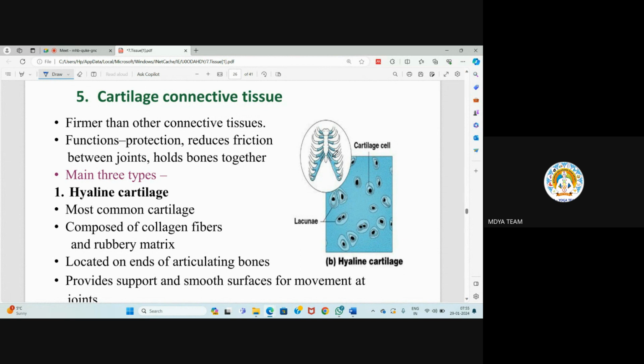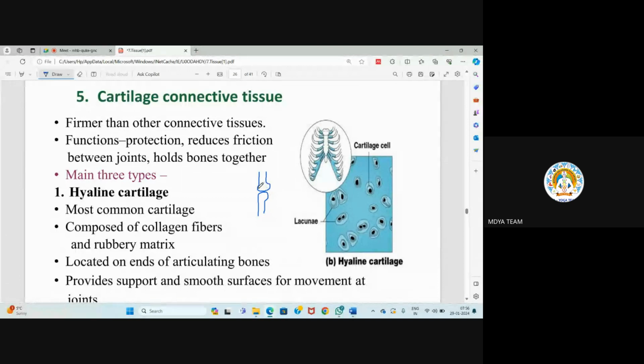And how are they protecting? Cartilages are shock absorbers. Like in the knee joint you will see, let me draw, for example, this is a joint where bone and bone are joining together, like in the knee joint, like in the elbow joint.